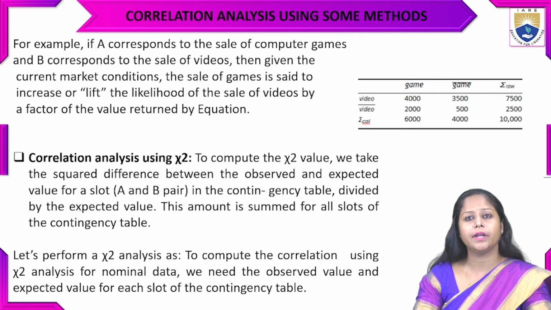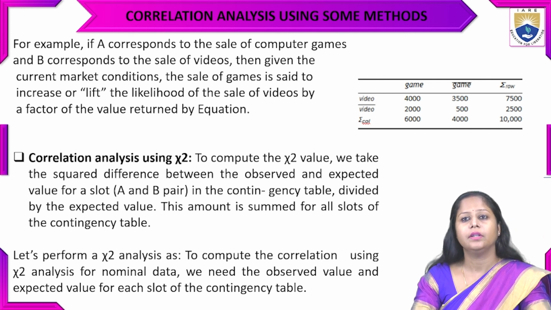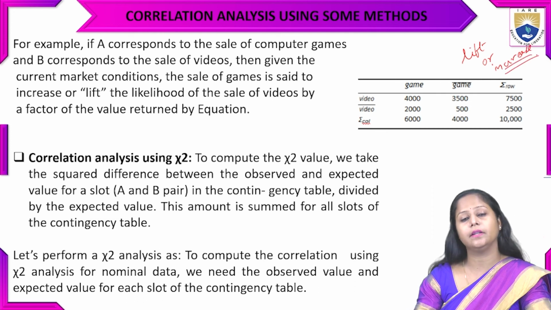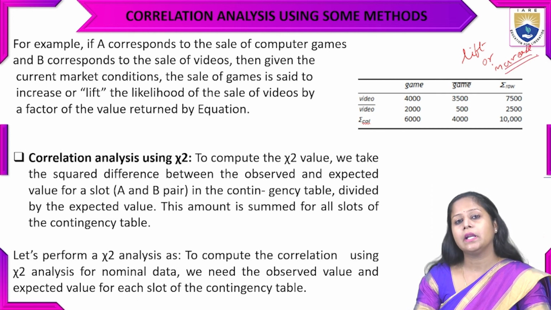So for example, if A corresponds to the sale of computer games and B corresponds to the sale of videos, then given the current market condition, the sale of games is said to increase, or lift, the sale of the items.